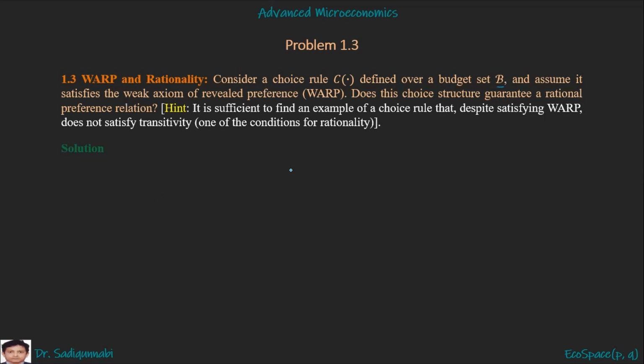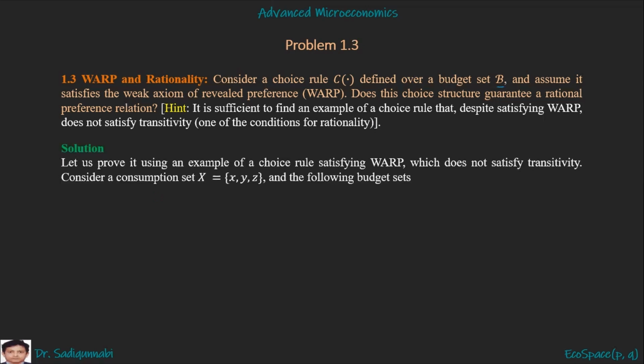So let's start our solution. Let's prove it by using an example of a choice rule C that satisfies WARP, but it doesn't satisfy transitivity. Let us consider a consumption set with three goods, X, Y, Z, and the following budget set.